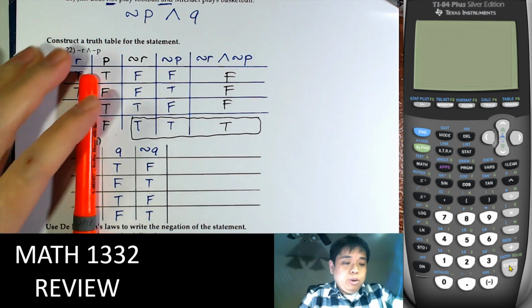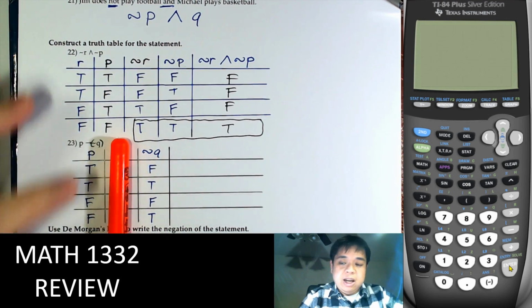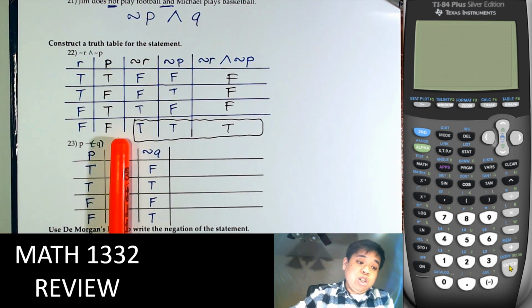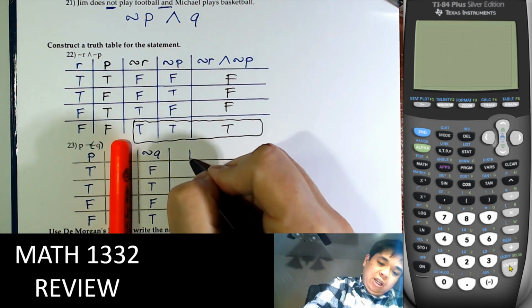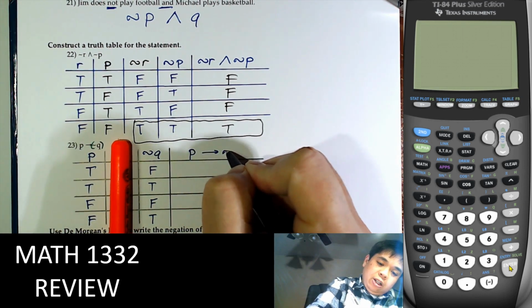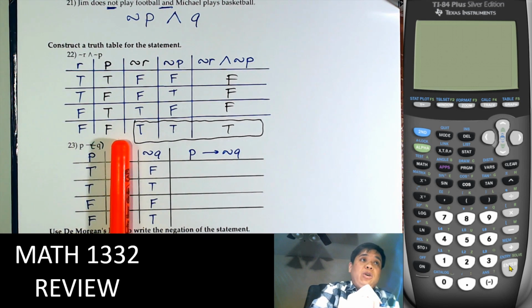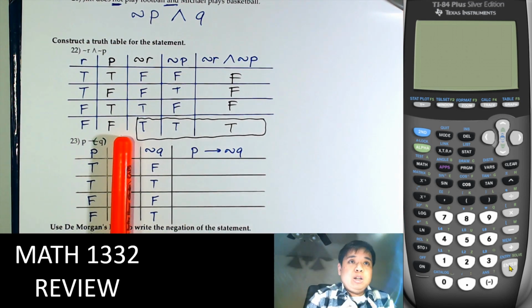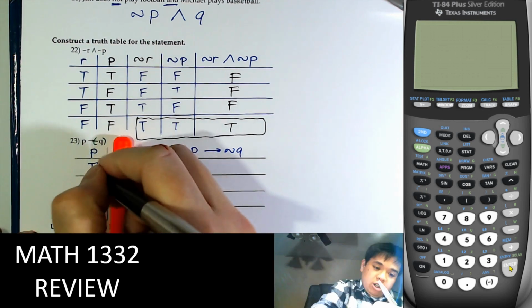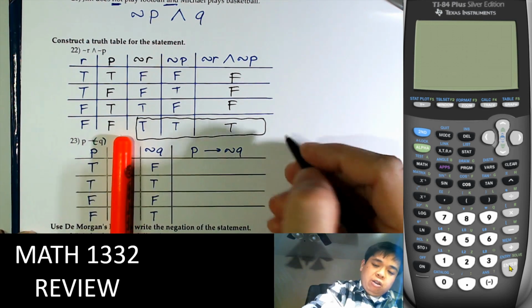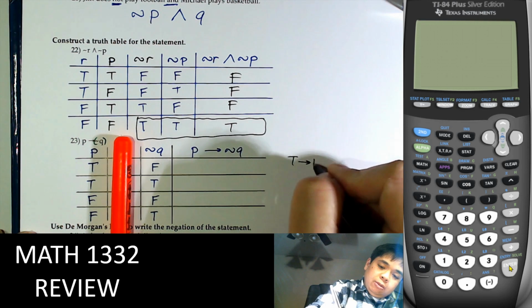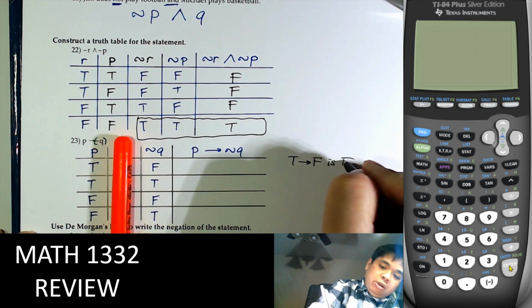Right, and then we do the implication, or the if-then, or the conditional statement. P implies not Q. In a conditional statement, it will be false only if we have something true implying false. So we focus on the first one. If we have a true implies false, it's going to be false.